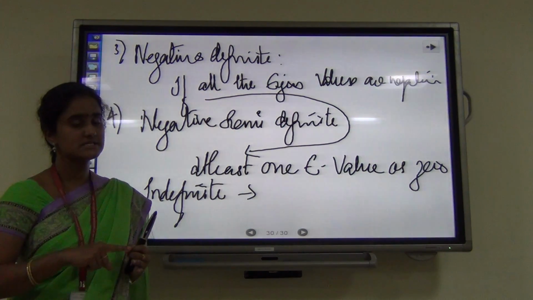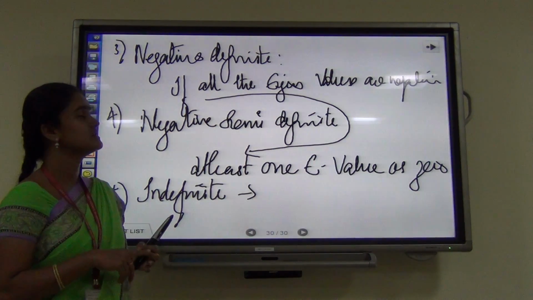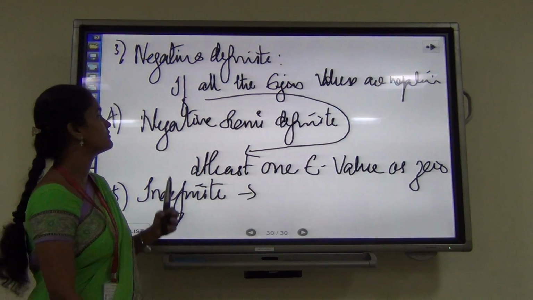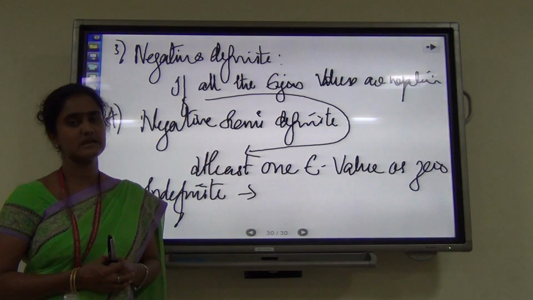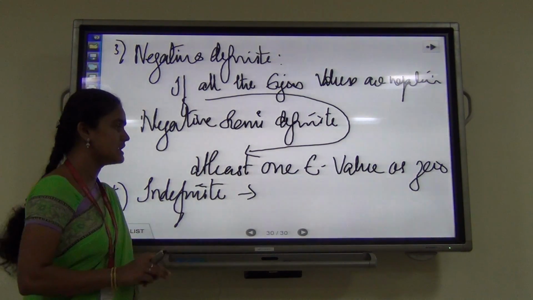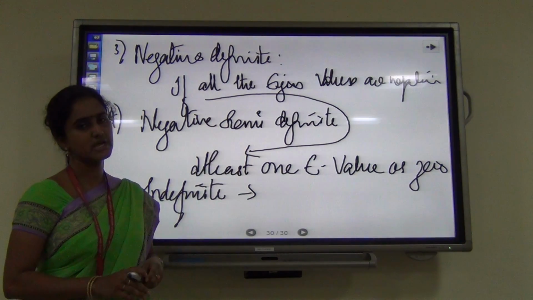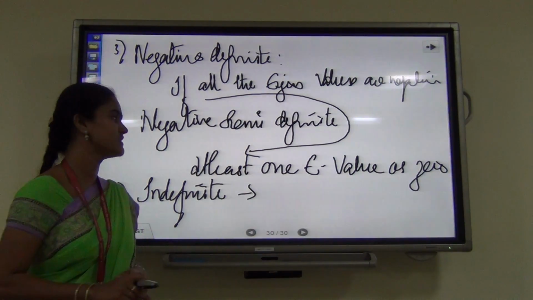With at least one 0 and the rest positive, we call it positive semi-definite. If all the eigenvalues are negative, we call it negative definite. If one eigenvalue is 0 with the other two negative, we call it negative semi-definite. If it does not fall under the above 4 cases, we call the nature of the quadratic form indefinite.